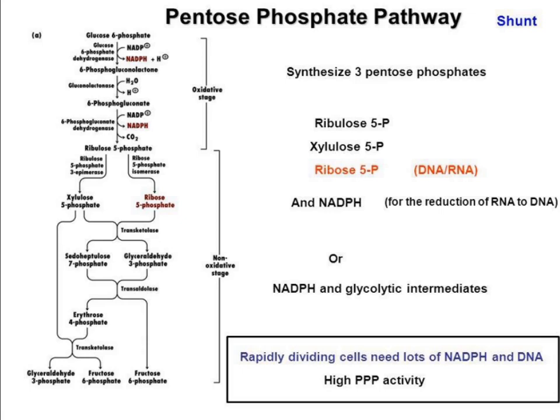Again, erythrose 4-phosphate and xylulose 5-phosphate combine to form glyceraldehyde 3-phosphate and fructose 6-phosphate in the presence of transketolase. So in the non-oxidative stage, there is formation of various phosphate compounds, of 3 carbon, 4 carbon, 5 carbon, 6 carbon or 7 carbon. The non-oxidative phase is mainly dealing with the formation of such phosphate compounds.